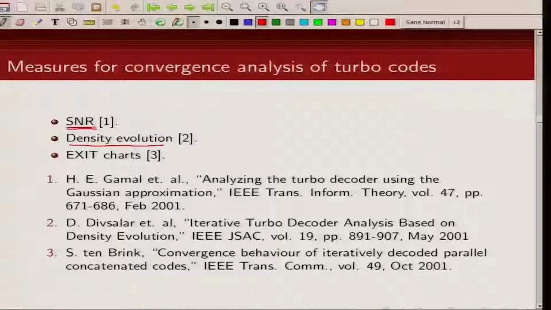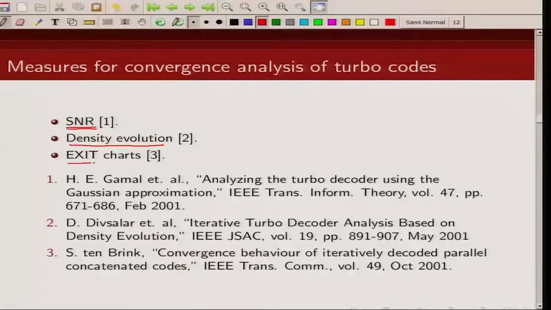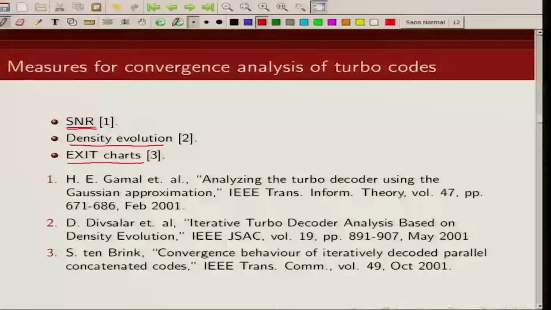In the density evolution method by Divsalar and others, they look at the density of this extrinsic information, how it grows with iteration. And this approach of ten Brink, which is known as the extrinsic information transfer chart, uses mutual information as a parameter to observe how your extrinsic information is growing with iterations.